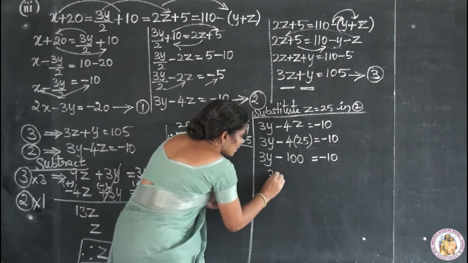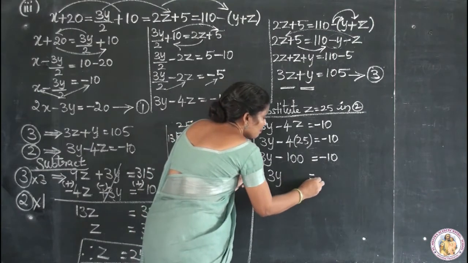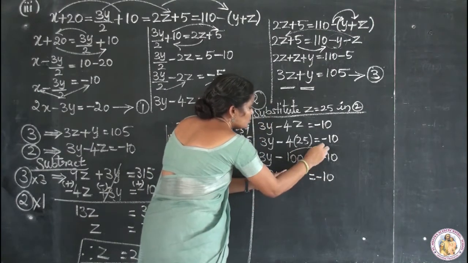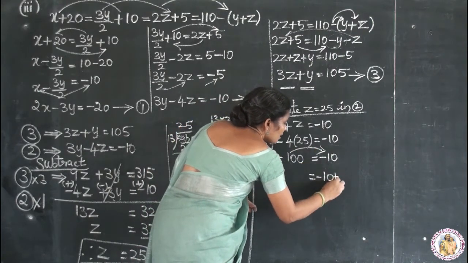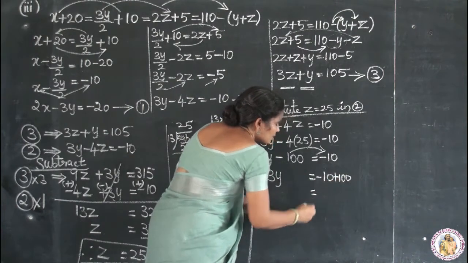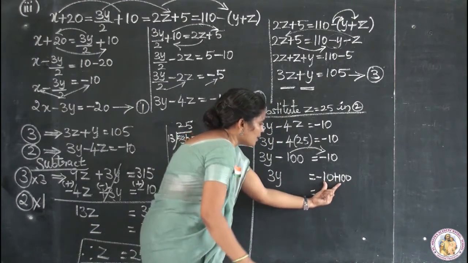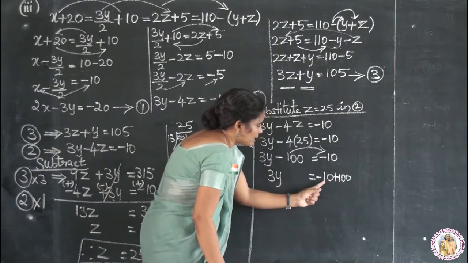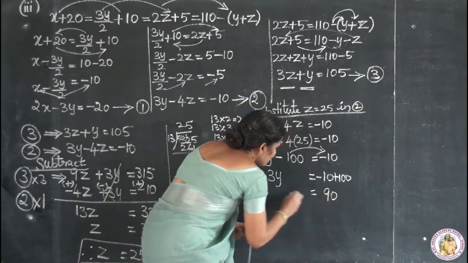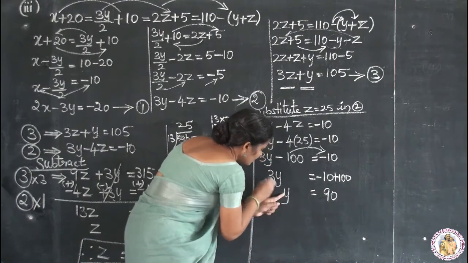And keep 3y alone on the left side. Minus 100 moves to the right side and will be plus 100. So different signs, you have to subtract. 100 minus 10 is 90.